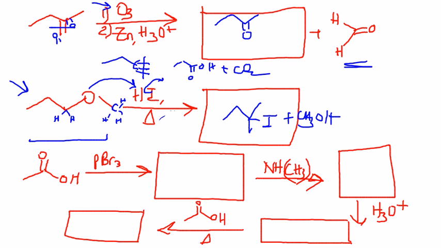So it's going to attack the methyl side. So in that case, your products would be propanol and methyl iodide.